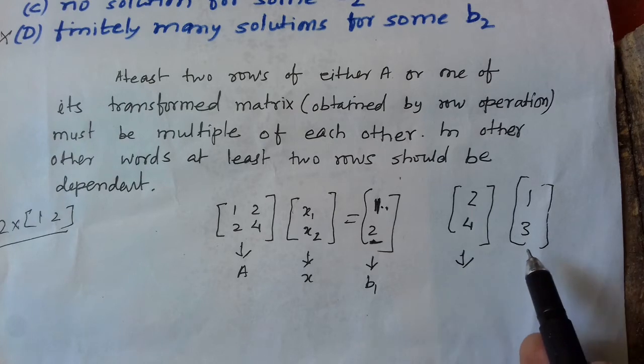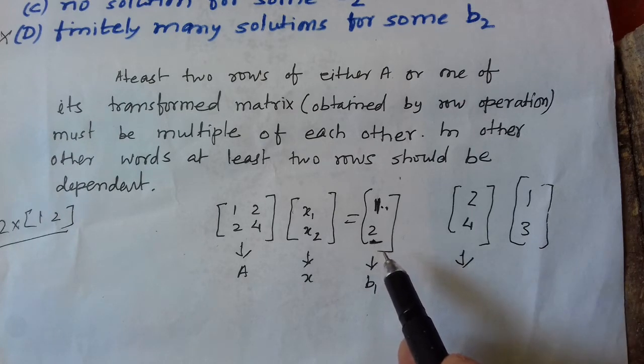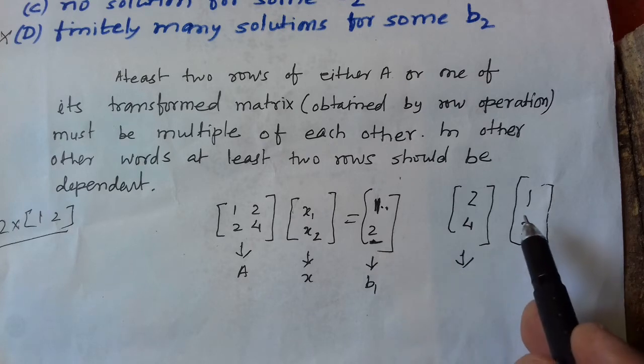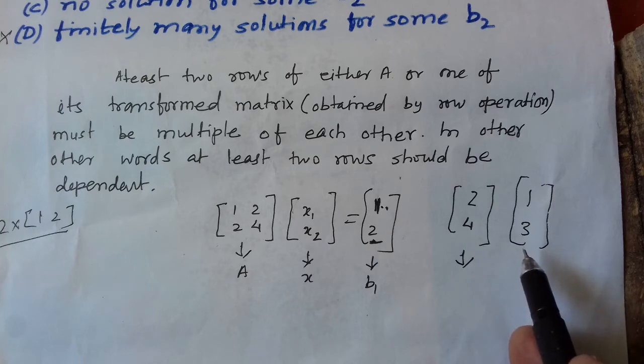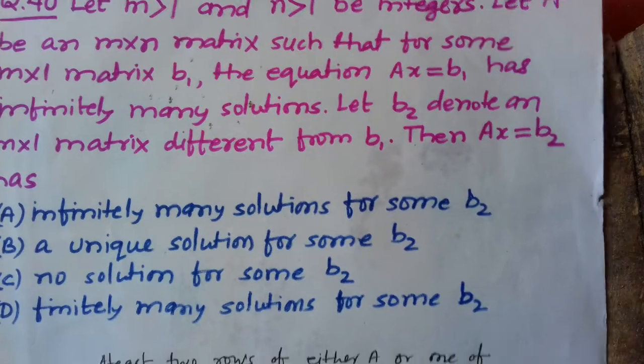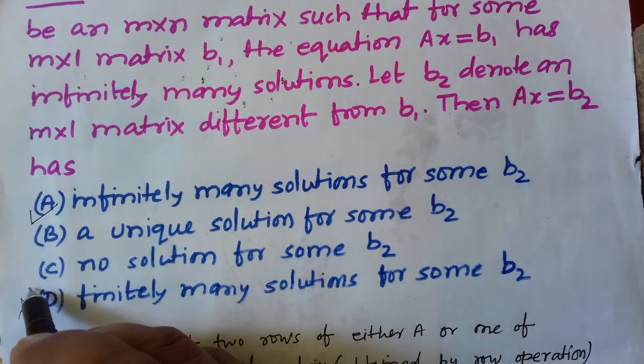And if you put this matrix here, then you have no solution, because 3 is not double of 1. So we have two options: either an infinite number of solutions or no solutions. So the correct options will be A and C.